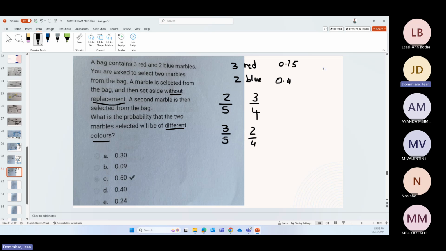Okay, if it was red first, it's 0.6. Then if the next one must be a different color, then it is 0.5.